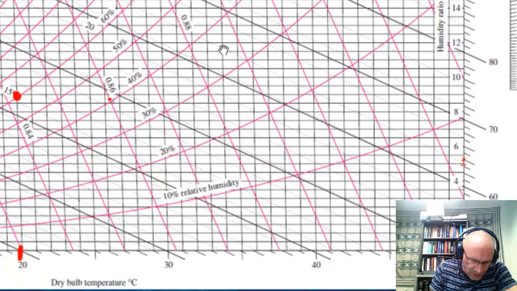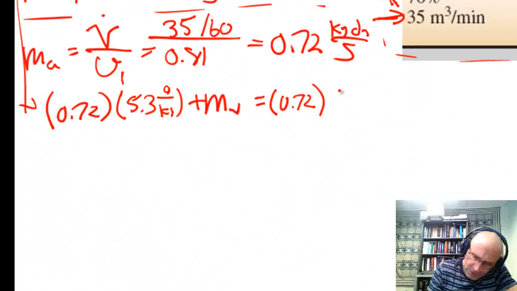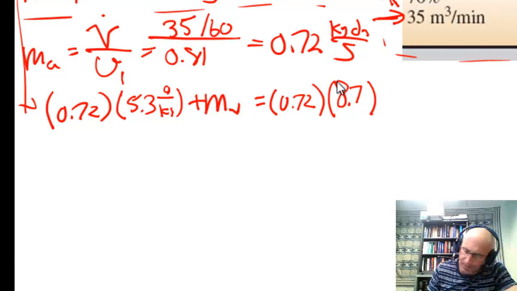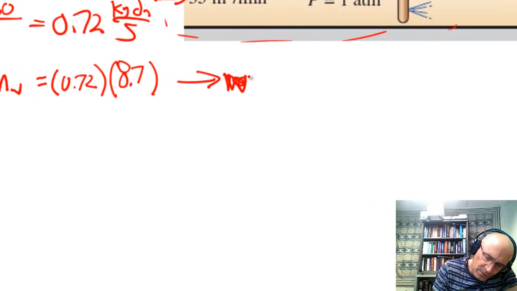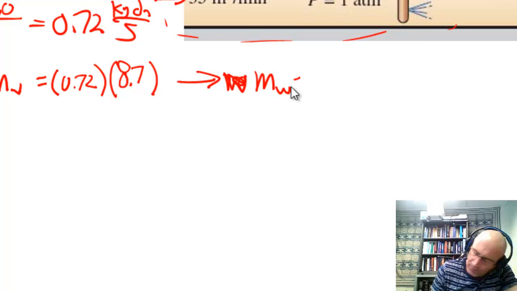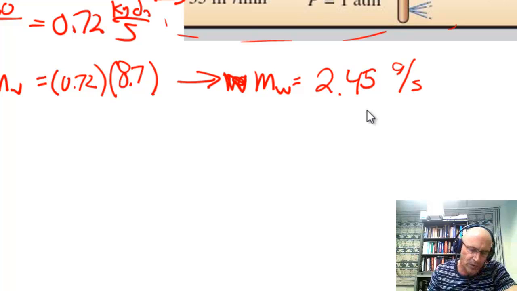It's a little above, not quite to 9, so I'm going to go with 8.7. Now I can solve for m_w, and if you do that math, that's 2.45 grams per second, so 0.00245 kilograms per second.